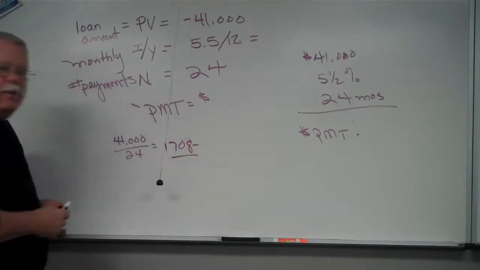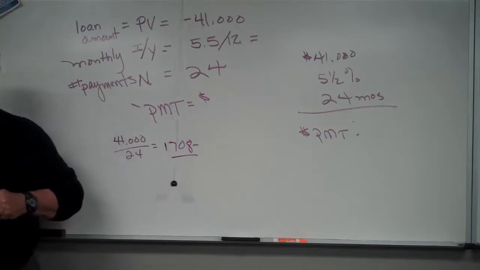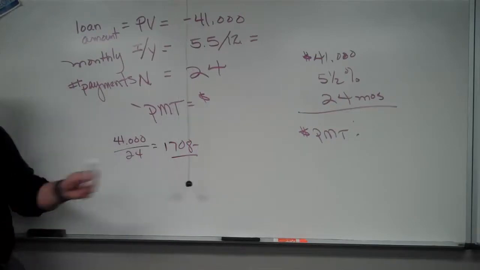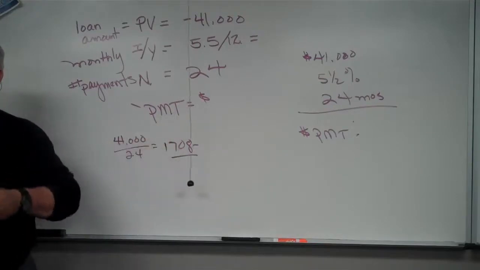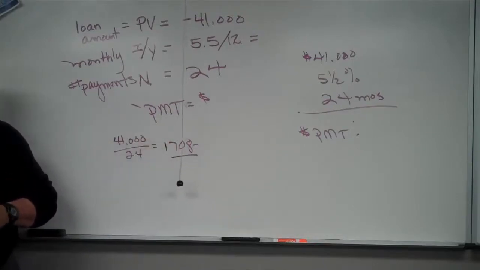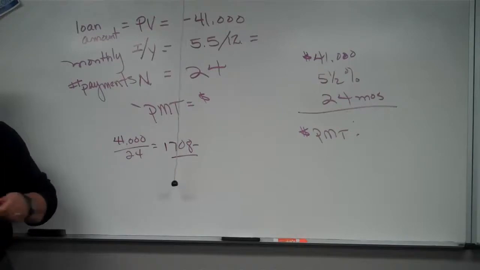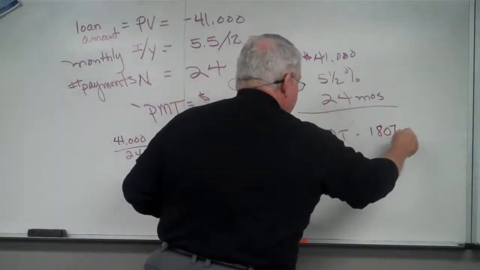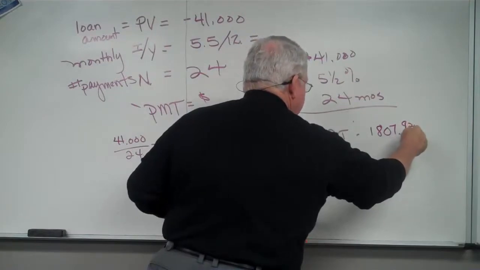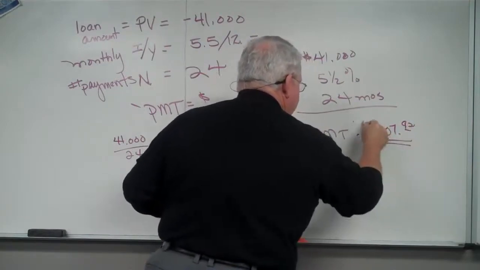So my payment's got to be somewhere higher than that, but maybe not a lot higher, in order to pay the 41,000. I've got to pay more than that in order to pay the interest on the loan. Okay? Got an answer? I got 1807 point, I forgot the decimal. 1807, I think it was 92. Yeah. That's my monthly payment.